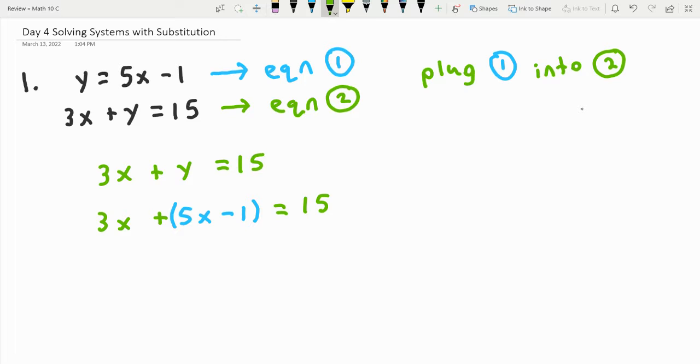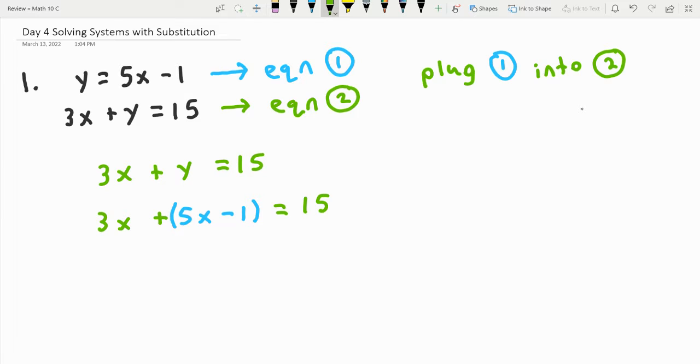See, I can do that because what I'm looking for is a solution. So at the point where both these equations are equal, that's an intersection point. So that's why I'm allowed to say that y equals 5x minus 1. And I see a y here by itself, so I just plugged in y directly, which happens to also equal 5x minus 1. Now I just simplify using algebra and solve.